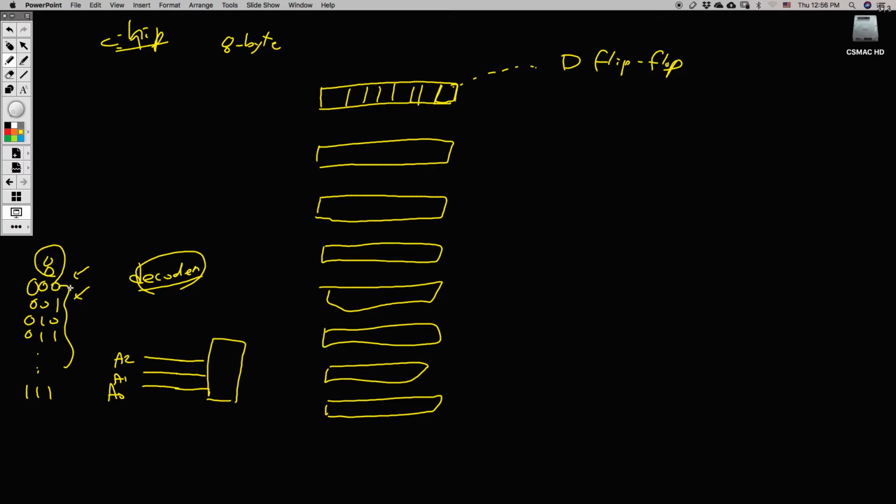The example was 000 means John, 001 means Mary, and so on. So that's decoding. Given encoded information, we want to tell what is the actual being for that. So we use a 3 by 8 decoder. The address is encoded, then we select which byte this address is referring to.